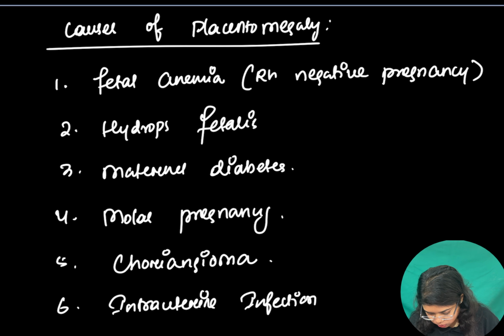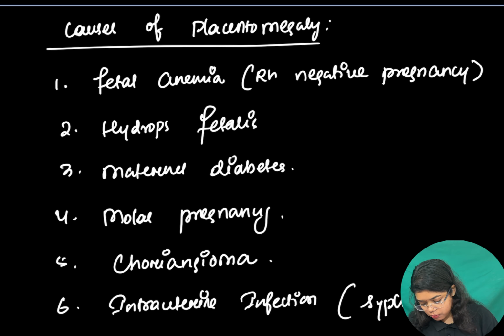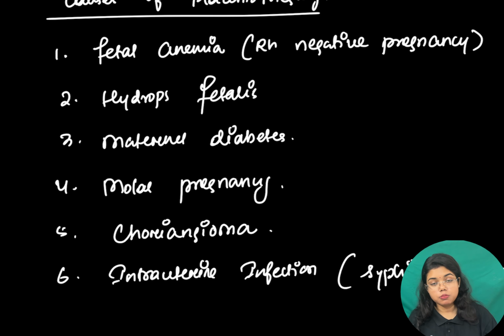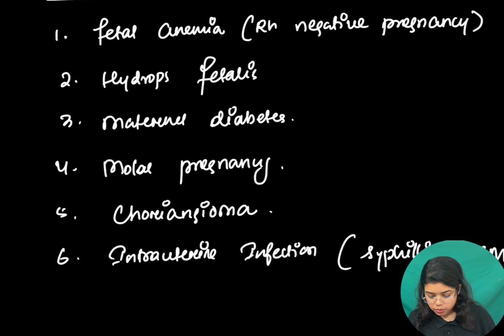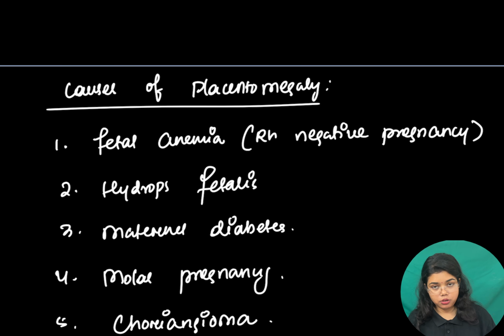If anyone asks you what is the most common infection that leads to placentomegaly, you will answer syphilis, then cytomegalovirus. So syphilis most commonly causes placentomegaly. This we have discussed, the causes of placentomegaly.